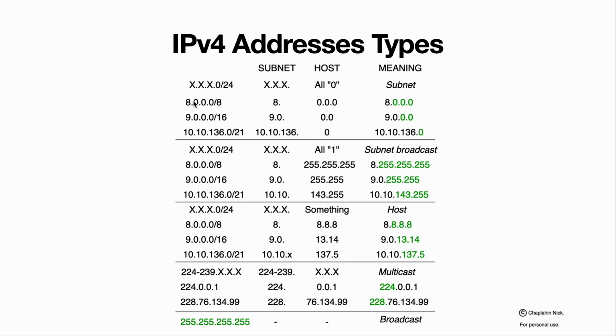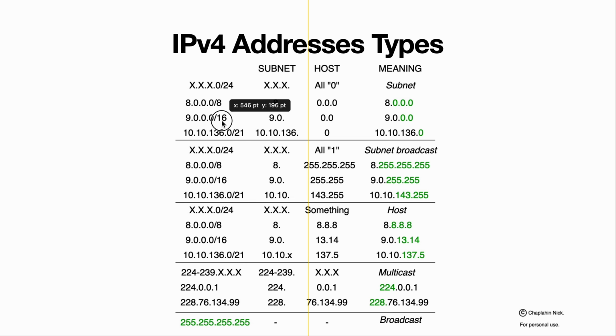For example, for 8.0.0.0 with CIDR mask 8, we have subnet 8, the hosts are all 0, so our subnet is 8.0.0.0. Same as for 9.0.0.0/16. But here, since CIDR is 16, the subnet is 9.0 and the hosts are 0.0, so only those two signal that this is the subnet representation.